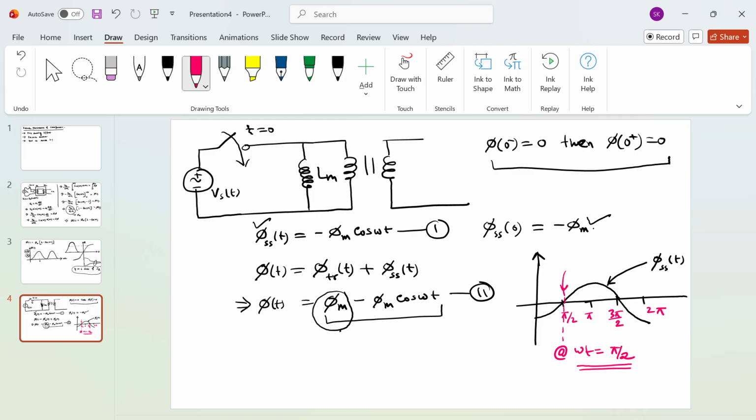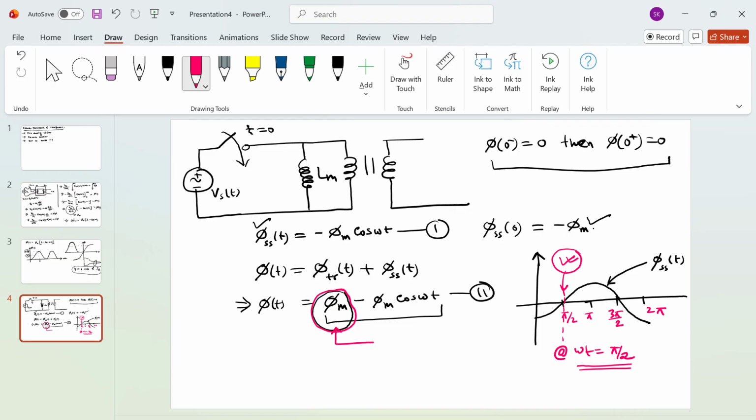Now you can perform the switch and there will be no such transient or doubling effect. All the doubling effect was coming because of this constant DC flux. So we have to avoid this, so we can perform the switch at omega t equal to pi by 2, and this will not cause the doubling effect and induced currents.